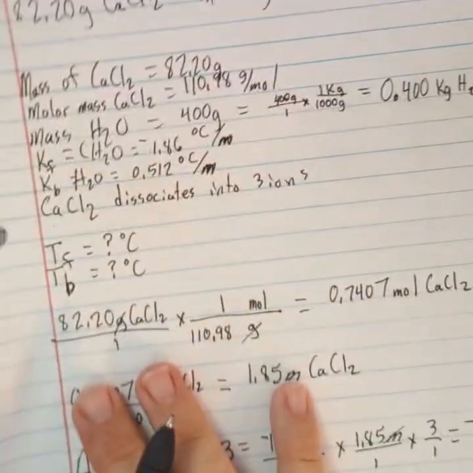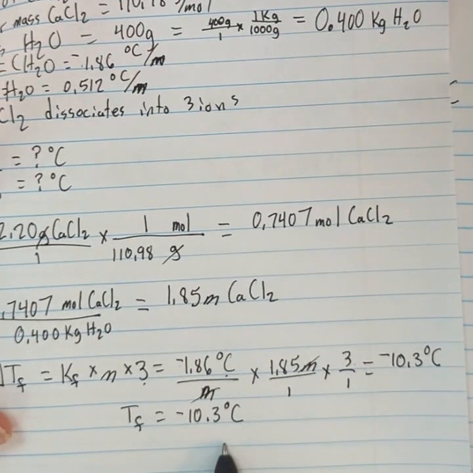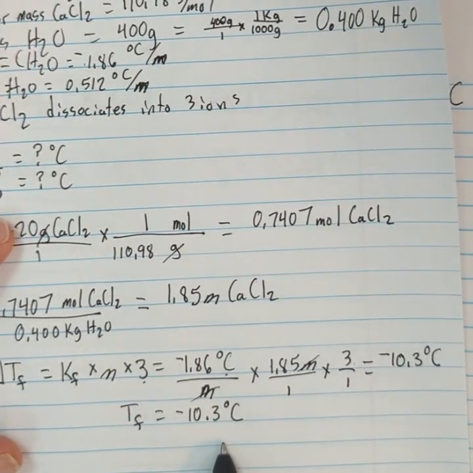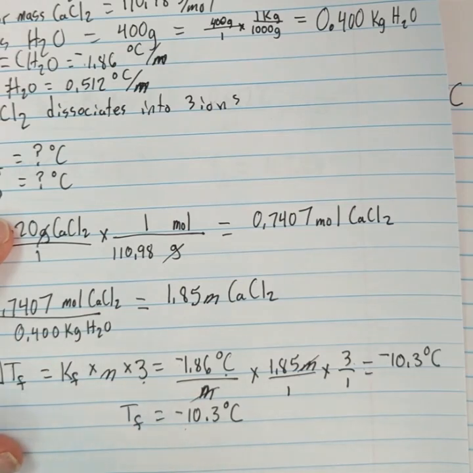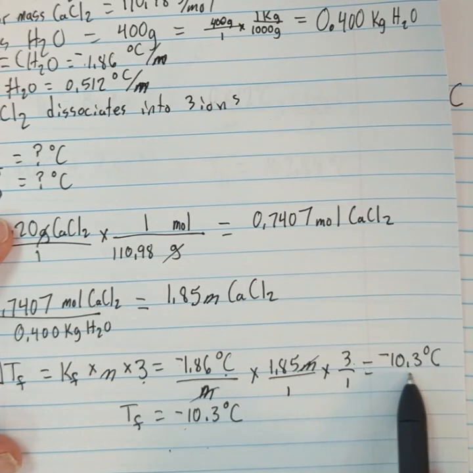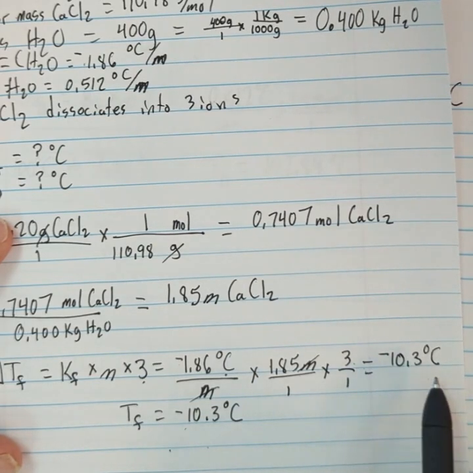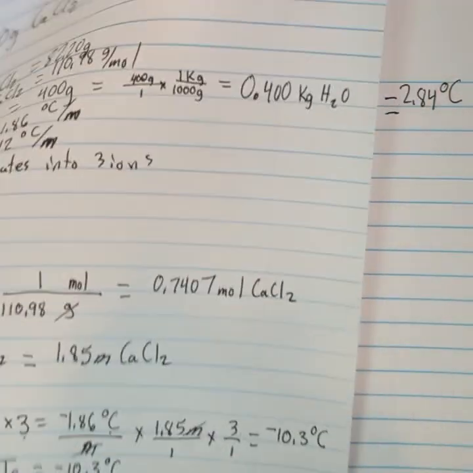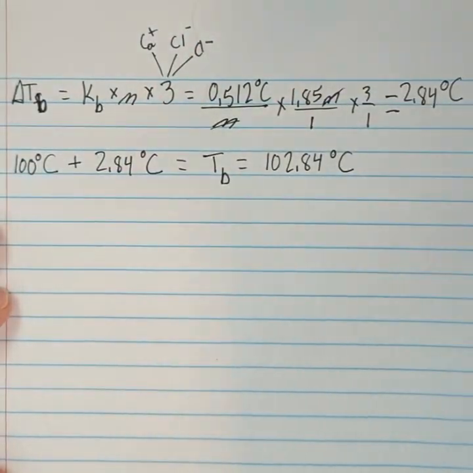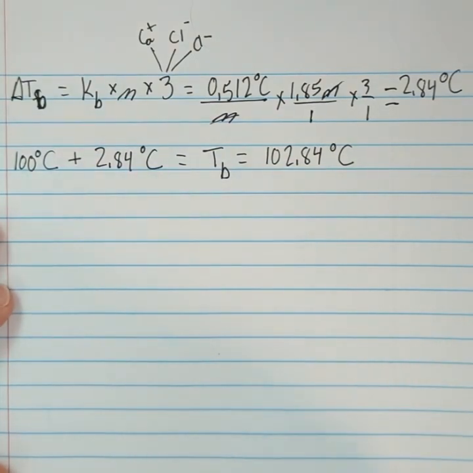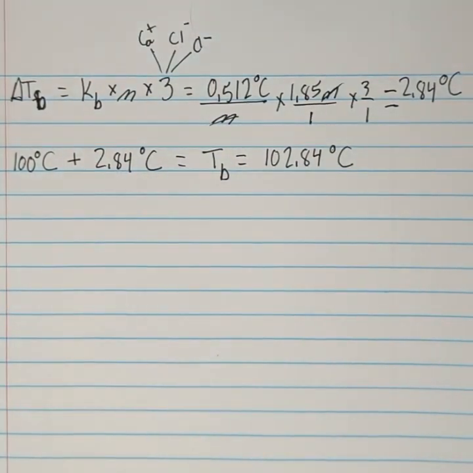We did the same thing for the freezing point, except automatically, because the freezing point of water is 0, so 0 minus 10.3 is negative 10.3. Since the normal boiling point of water is 100 degrees Celsius, the calculated result for delta Tb must be added to 100 to find the new boiling point.